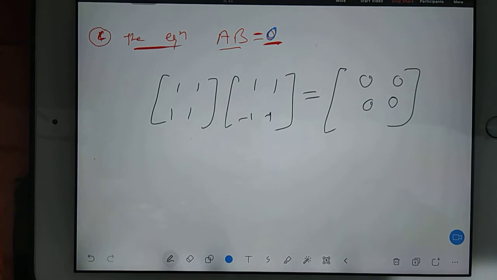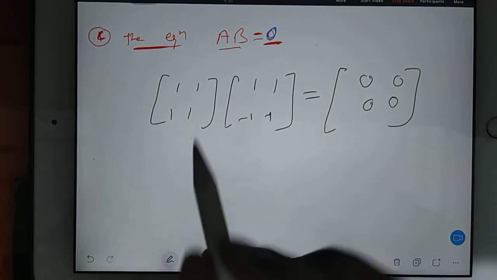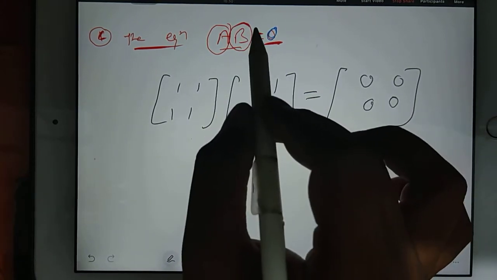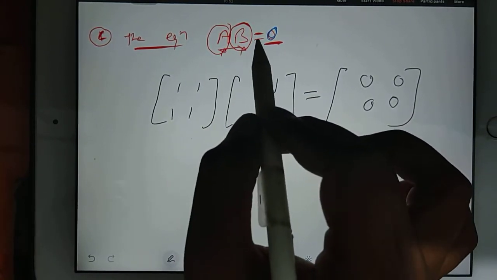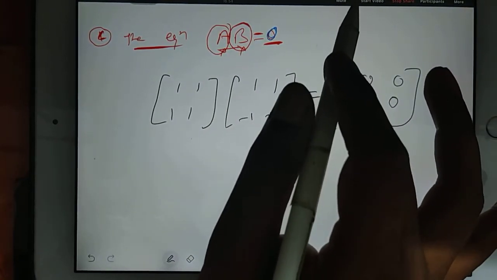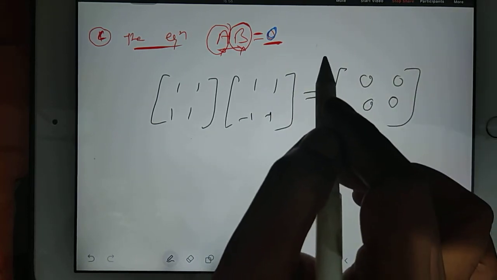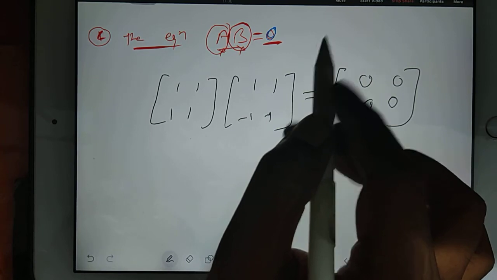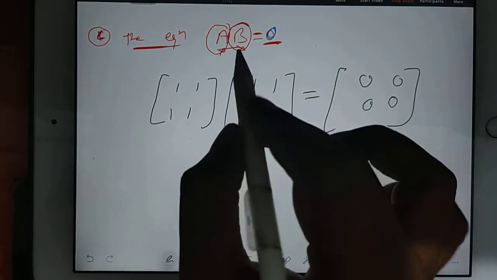We'll go ahead. What is my point here? The main point is, it is not necessary that this matrix has to be 0 or that matrix has to be 0, or that any one of them has to be a null matrix for the answer to come. No, it's not like that. So how will you mention this in a statement?